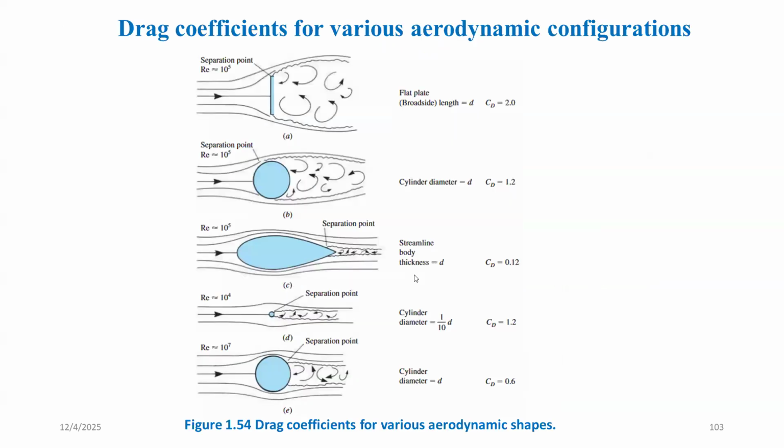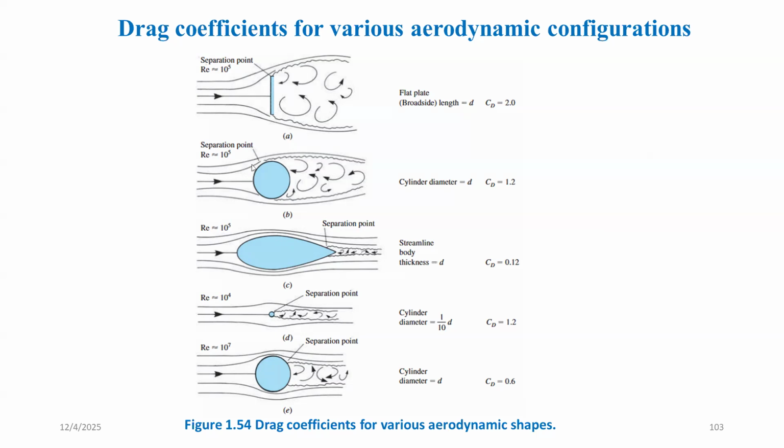Once we understand this flow similarity, we have to differentiate the drag coefficient for different shapes or configurations. For example, a flat plate situated in the flow field, with high density, has a drag coefficient CD of 2. That means a high value of drag.